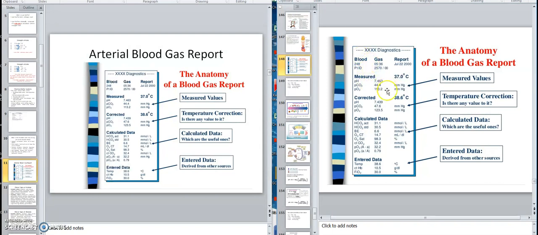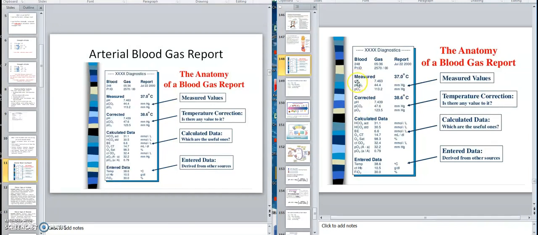These are the main things we're going to look at: the pH, the PCO2, which is really the PaCO2, and the PaO2, arterial CO2 and arterial O2.